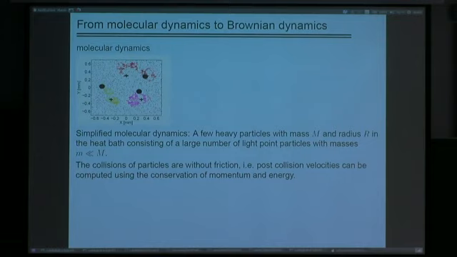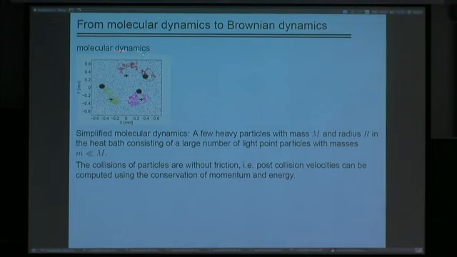Here I have a few heavy particles which have mass M and a radius R, and they are in the heat bath of a large number of light point particles with masses much smaller than M. These light particles go straight and collide with the big particles, and the post-collision velocities can be computed using the conservation of momentum and energy.